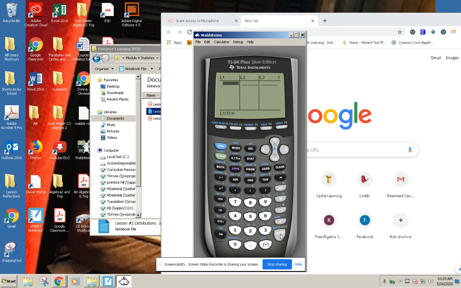And what you need to do is you need to put in all of this data that they gave us. So you might want to pause the video and get that data put in for yourself.